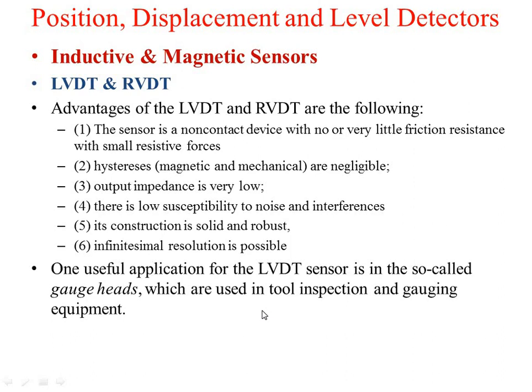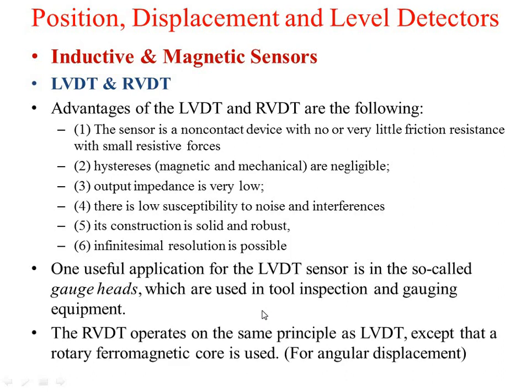You might have studied the concept of measuring instruments, specifically vernier calipers and micrometers. For these vernier calipers and micrometers, we can use the LVDT principle as an inspection tool. So this is the advantage and application of LVDT. RVDT operates on the same principle, except that a rotary ferromagnetic material is used for angular displacement.